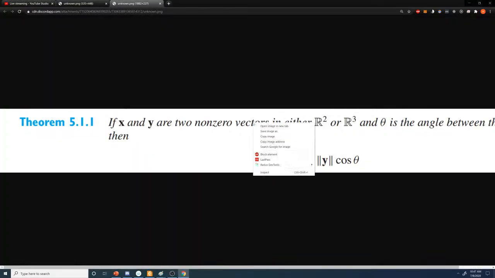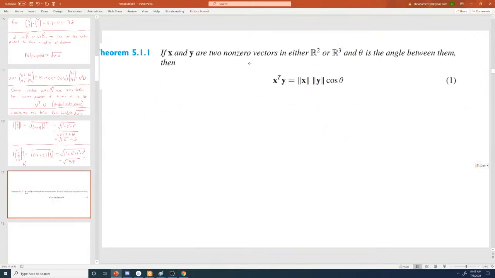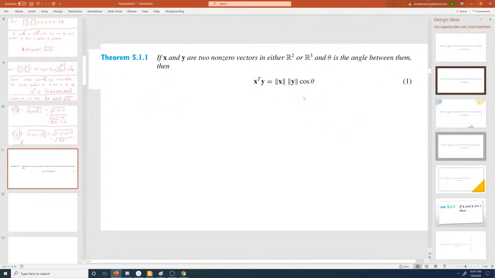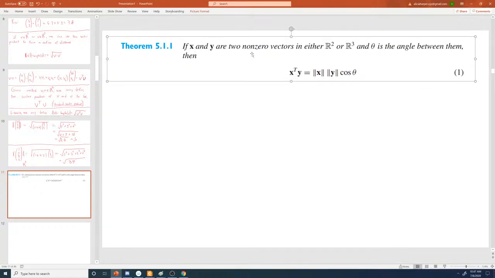We can use the existing geometric notion of angle between vectors in R^2 or R^3. And our first theorem tells us that the standard scalar product of x and y is equal to the length of x times the length of y times cosine of theta.